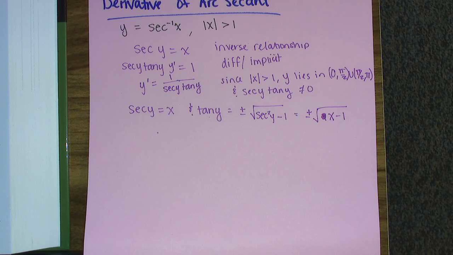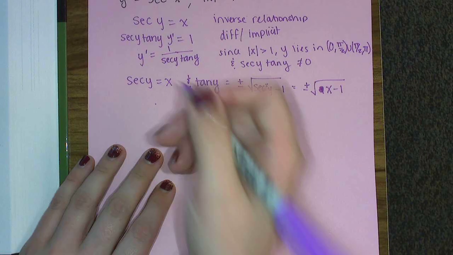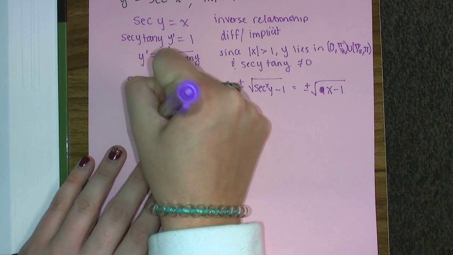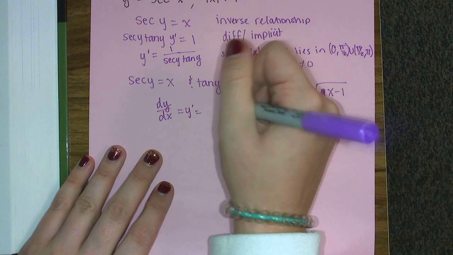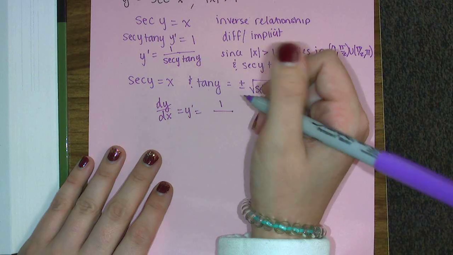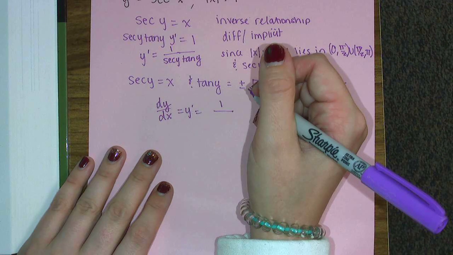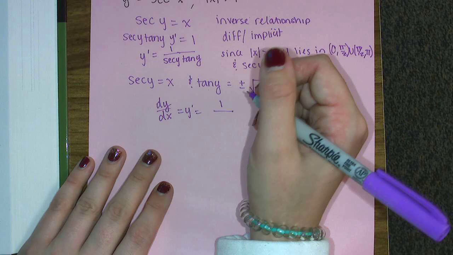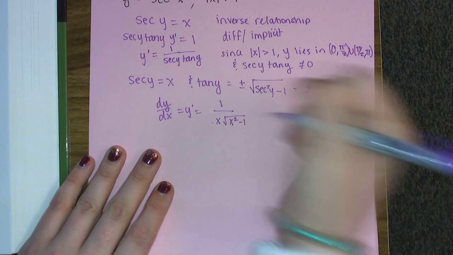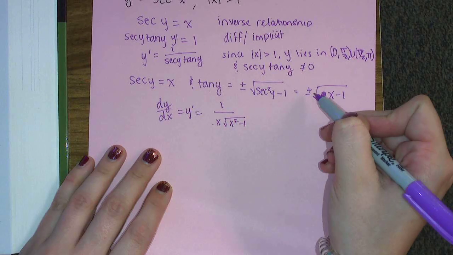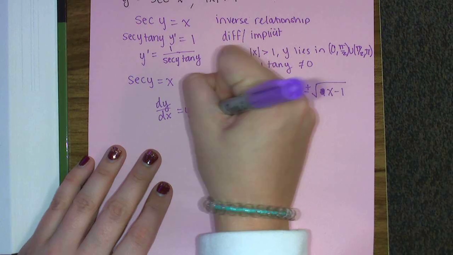So then rewriting everything, we would see that dy dx, or y prime, is 1 over x times the square root of x squared minus 1. But we have this plus or minus here when we're multiplying, so we're going to throw that out front.